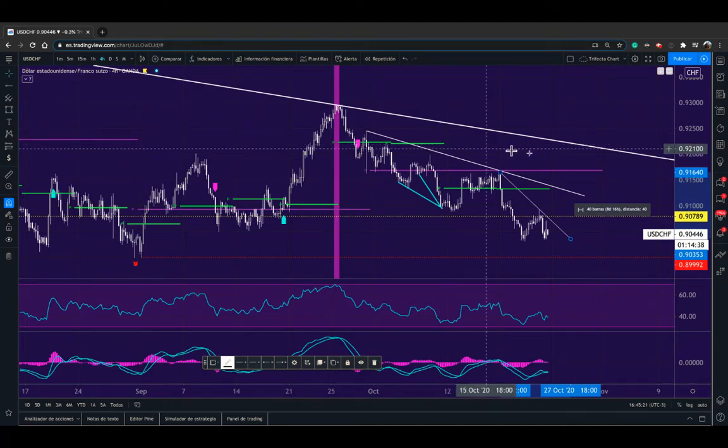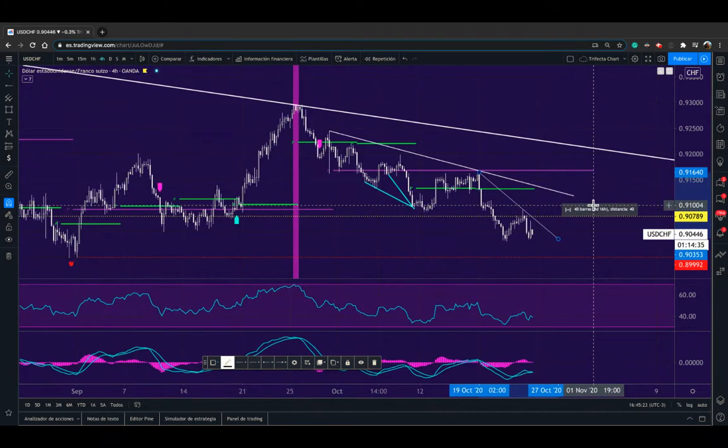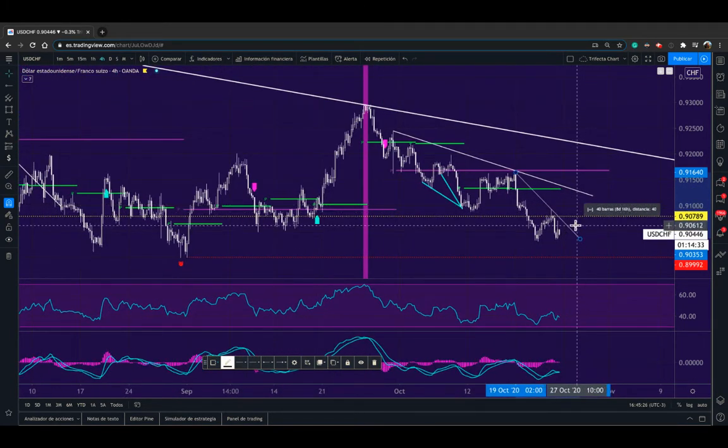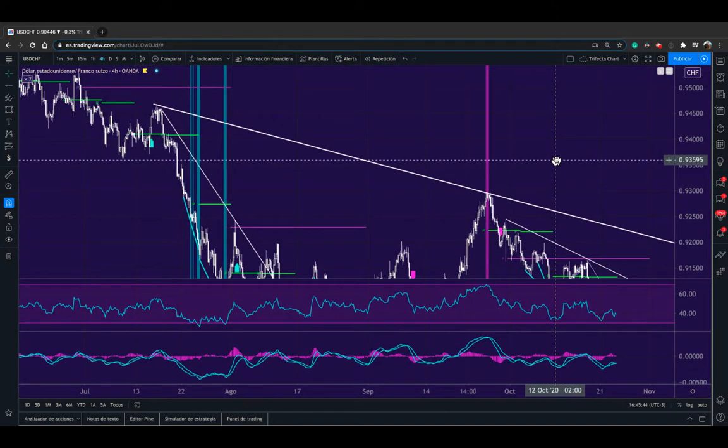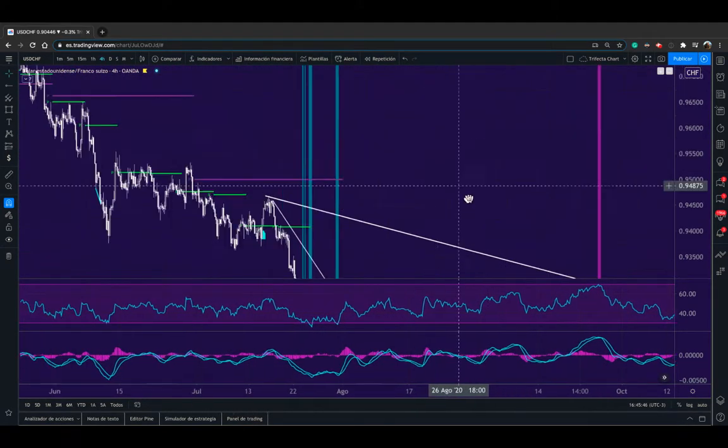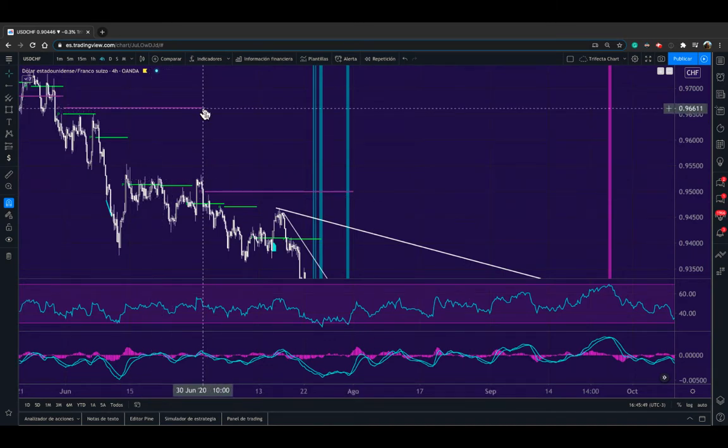If we complete all the steps of this awesome setup, we could start building the position with the break of this trend line. If we break this secondary trend line as well, we can target the main trend line. And if we finally break this main trend line, we are going to target the June monthly pivot, or at least halfway to it.